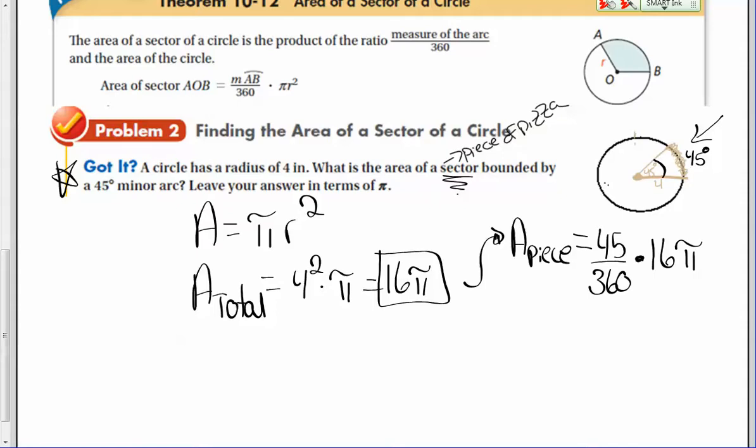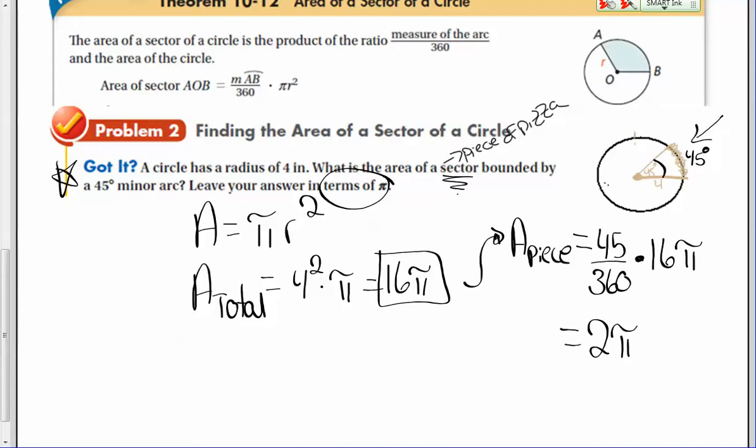And technically they did ask us to leave our answer in terms of pi, which just means I'm going to do the math, but I'm not going to push the pi button. And instead, I'll just write pi in my answer. So I'm typing in 45 divided by 360 times 16. And so my answer comes out to be 2 pi. That's because I did not push the pi button. I just did all the math without the pi.